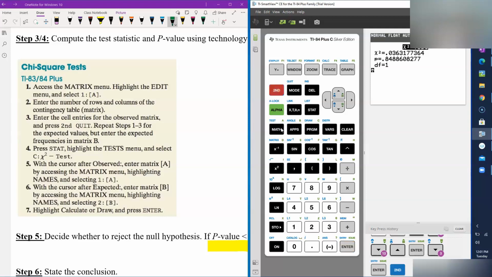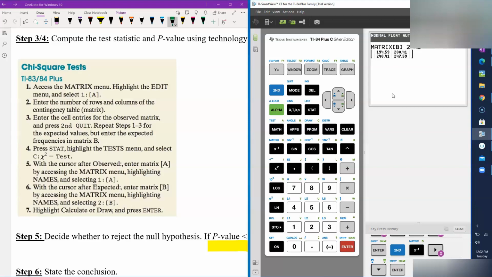But if we use matrix again, second x negative 1, edit. See, I only did number 1, matrix A, 2 by 2. After finding chi-square, automatically we're going to see number 2, matrix B, is again 2 by 2.